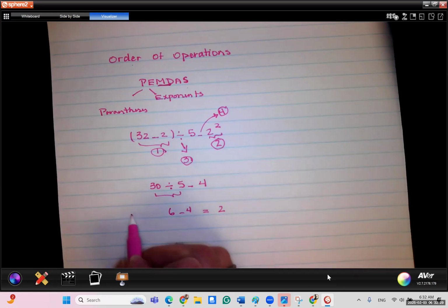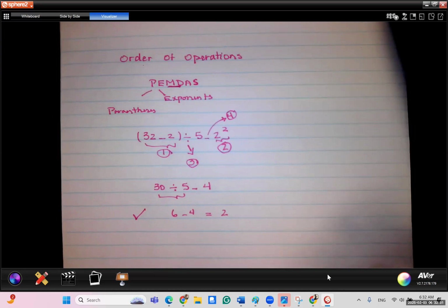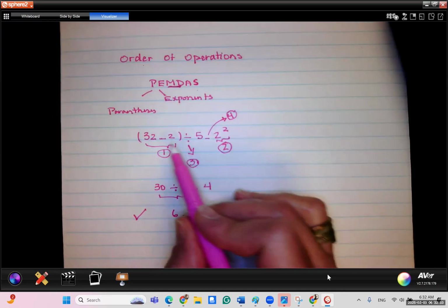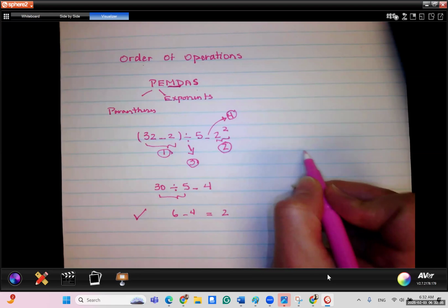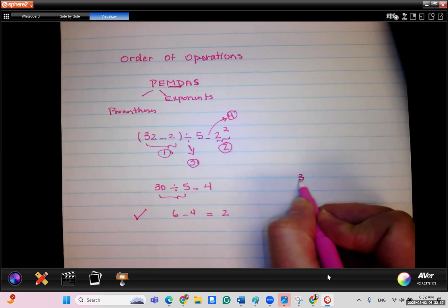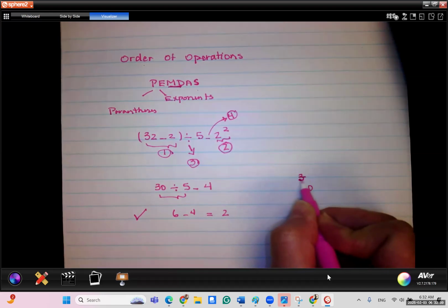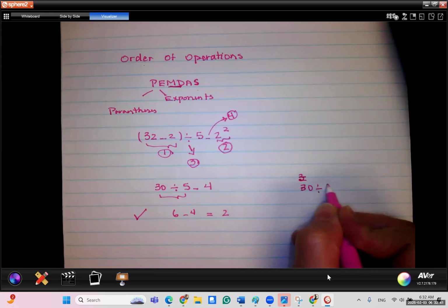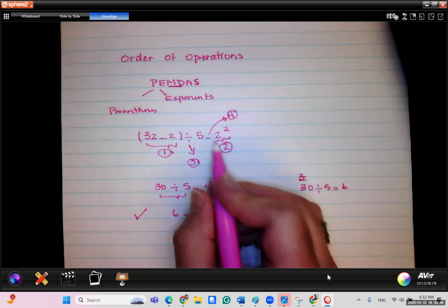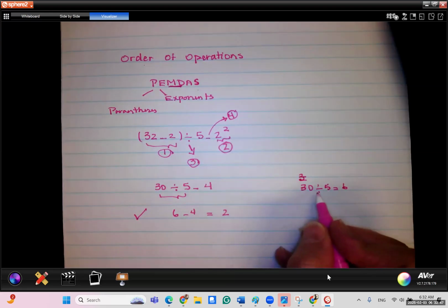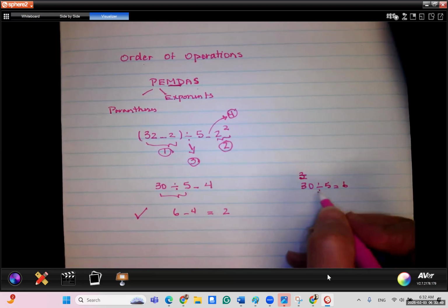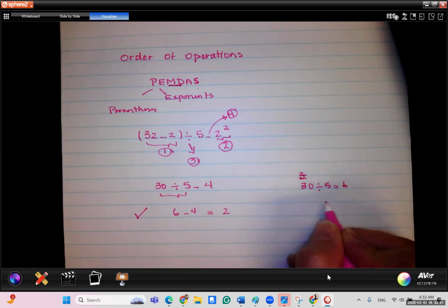So this is correct, but let's do it the wrong way, okay? If I just went from left to right, 32 minus 2 is 30. I don't know why I wrote it there. And 30 divided by 5 is 6. And then 6 minus 2 to the 4th power, okay? In this case, you might actually get the same answer.